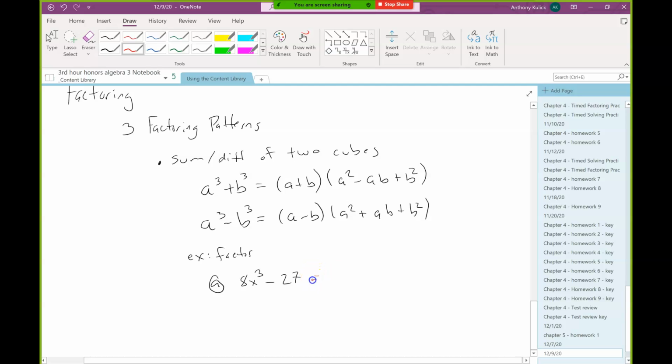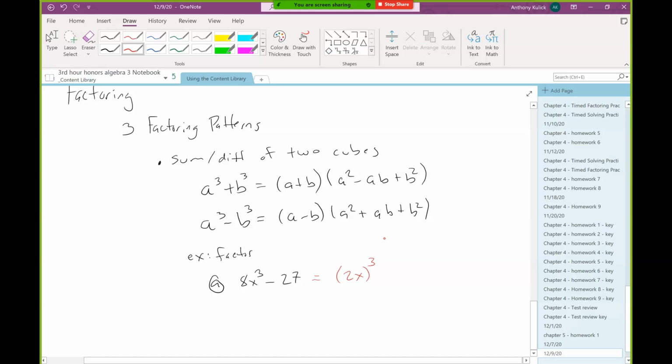So what I'm going to try to do is rewrite 8x cubed as something to the third power. Well, I know 8 is 2 times 2 times 2, right? 2 times 2 is 4, and times 2 again is 8. And x times x times x is x to the third.